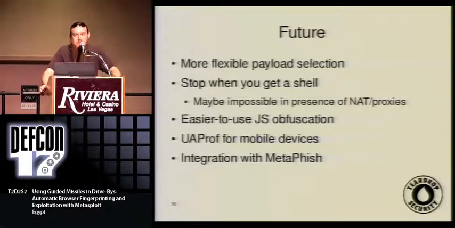So, some of the things I'd like to make better. The payload selection right now is sort of limited. Basically, if the exploit is a Windows-only exploit, I always use Meterpreter. If it can be Windows or Linux or whatever, for example most of the Firefox exploits, we always use a command shell.